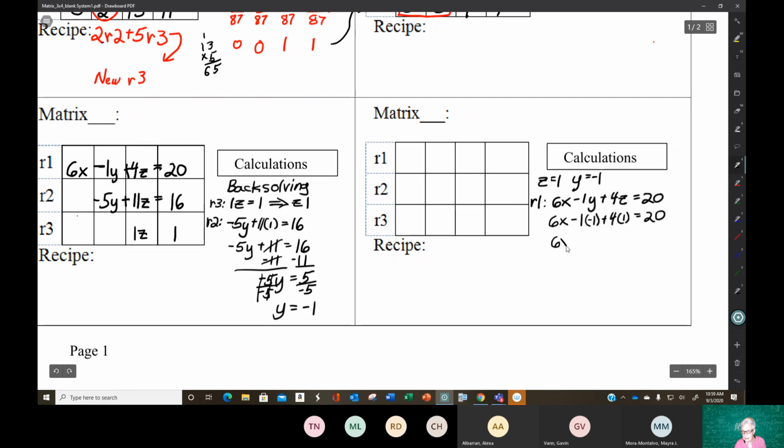So we'd have 6x minus 1 times negative 1 is plus 1, and 4 times 1 is 4, so plus 4 equals 20. And that's going to be 6x plus 5 equals 20.